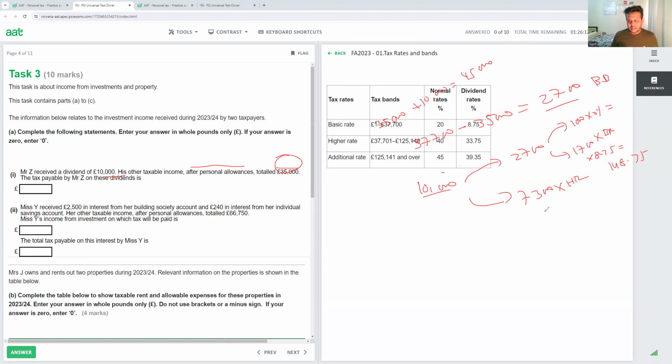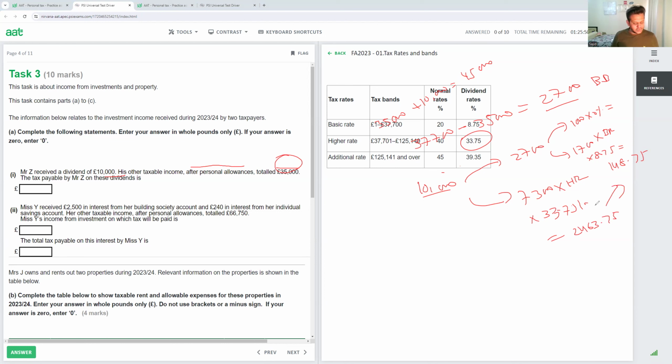And then the higher rate, 7,300 multiply 33.75%, that is 2,463.75.